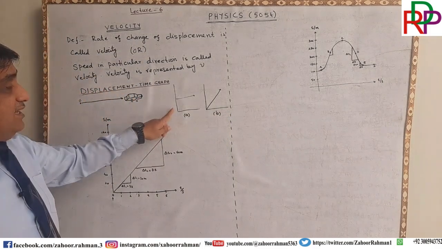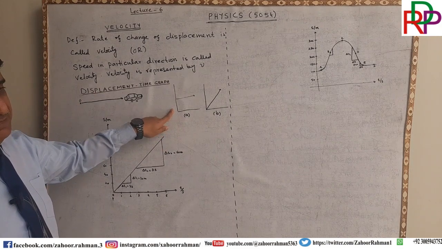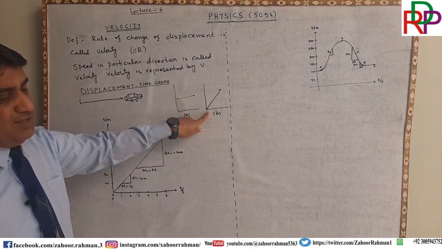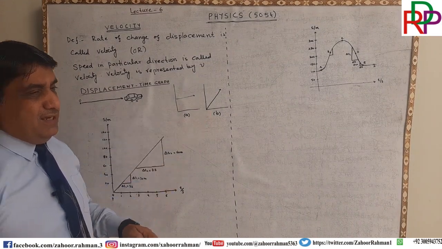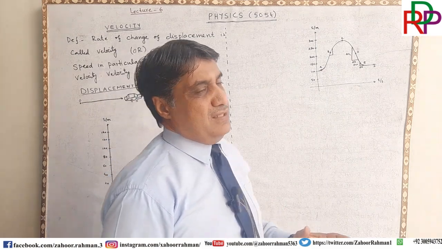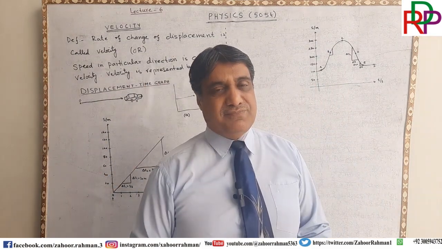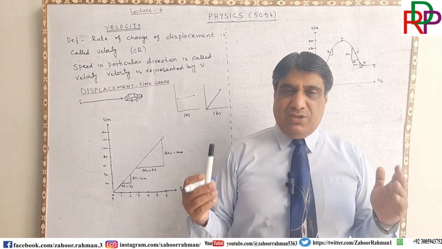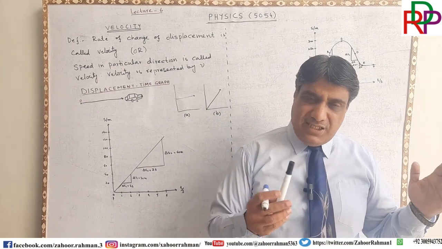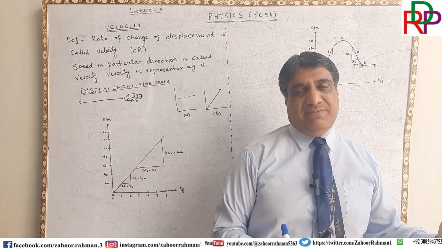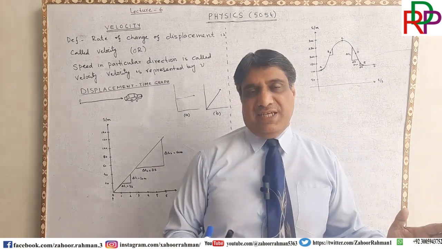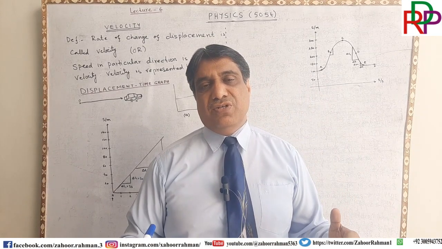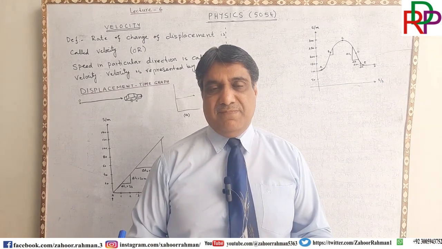This is called constant velocity and this is called uniform velocity. How will we define it? If an object covers equal distances in equal intervals of time, then we say that the particle is moving with uniform velocity.